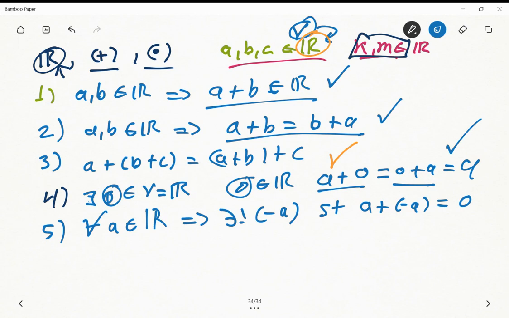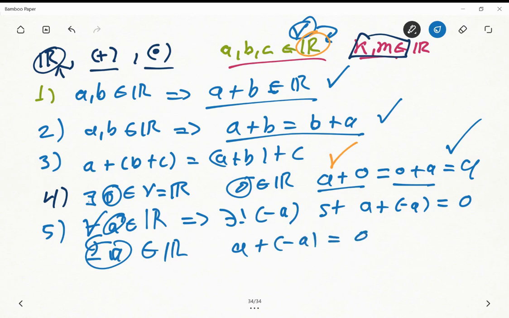And we know that the negative numbers are also part of the real numbers. So if we take some element a and change the sign, then when we sum these two elements together, that's going to be equal to 0. So that's true for all the real numbers, so checked.